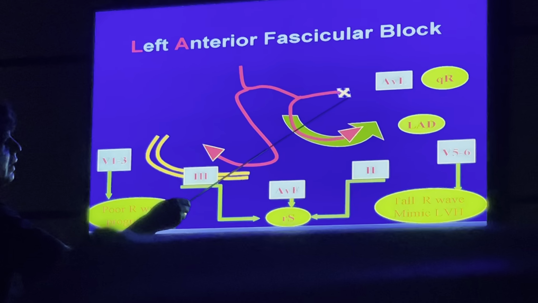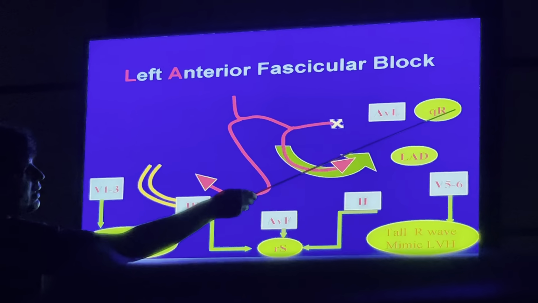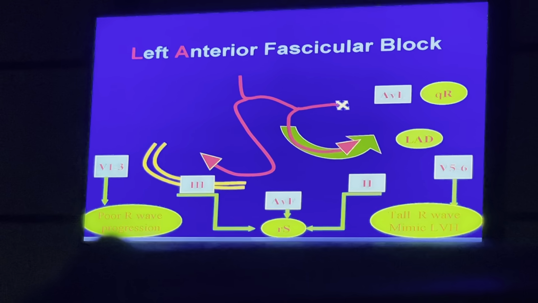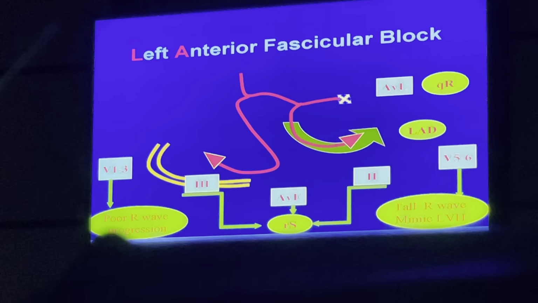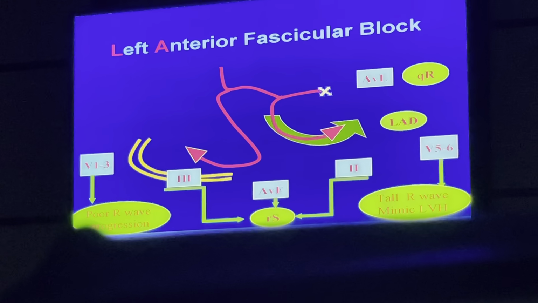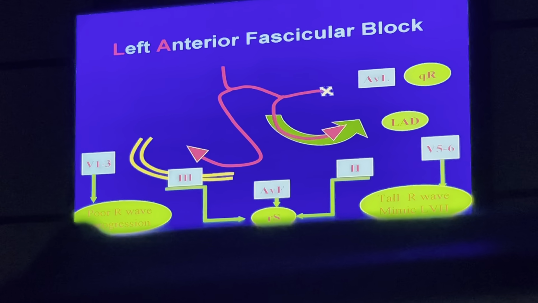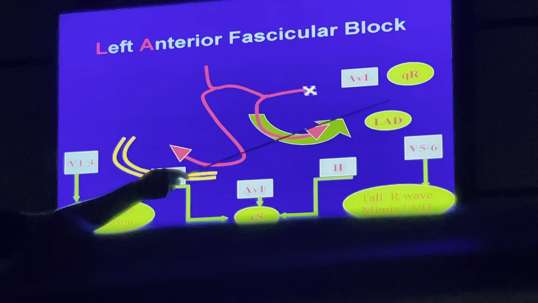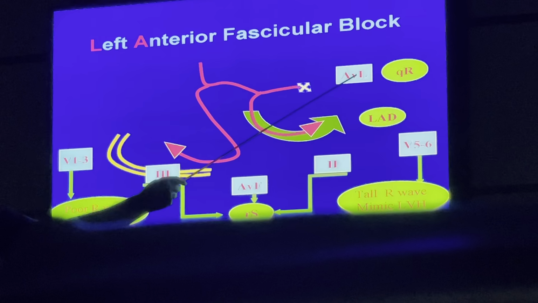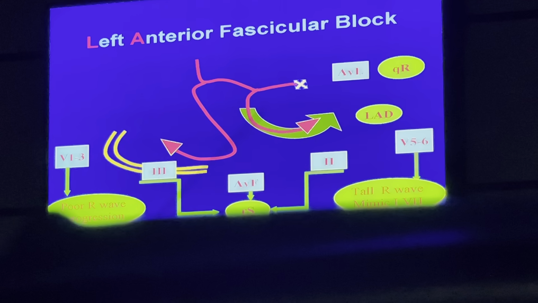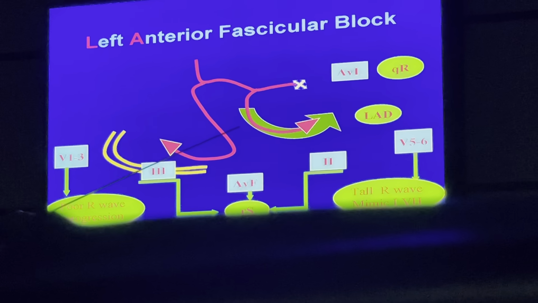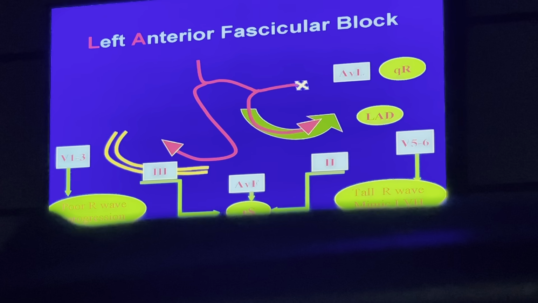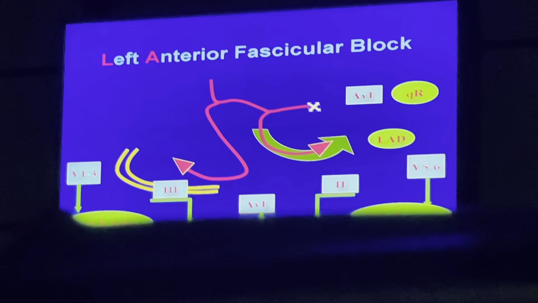The part of the heart which excites in the end has a dominant R wave, because in the last only that part is remaining and the whole current is going towards that part. So when there is left anterior fascicular block, you find dominant R wave in AVL, and your current is diverted towards that direction. So in 2, 3 and AVF, you can see the RS pattern.